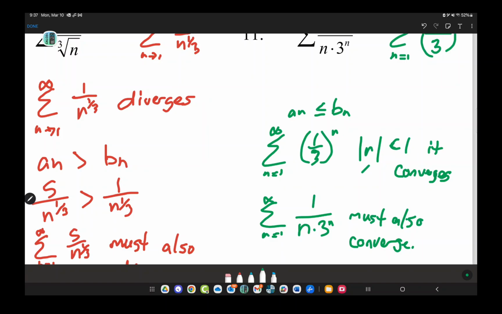No. It wouldn't work, because 1 over n would be greater than 1 over n times 3 to the n power. So we just wouldn't have any answer there, because it wouldn't apply.